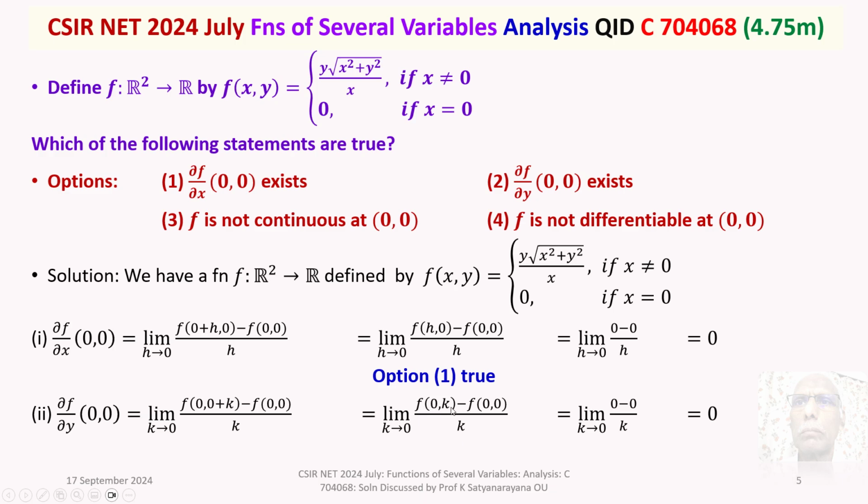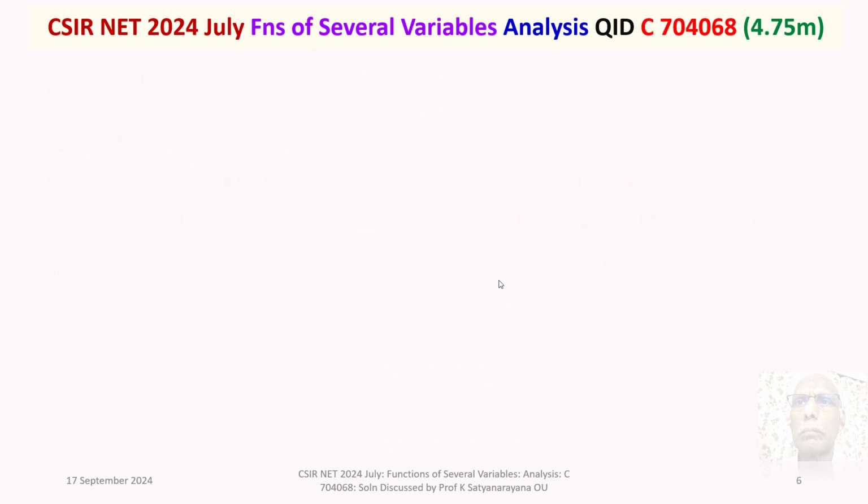In f of 0 comma k, x is 0, so that is 0 minus f of 0 comma 0, which is 0, by k. The limit as k tends to 0 is 0, and thus the partial derivative of f with respect to y at 0 comma 0 exists. Therefore, option 2 is also true. Thus, option 1 is true and option 2 is also true. We continue our discussion in the next slide.